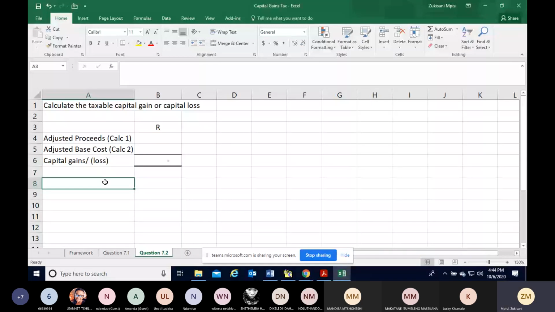What is the easiest one that we can always do? We can always calculate the adjusted proceeds. So this is calculation 1, adjusted proceeds.